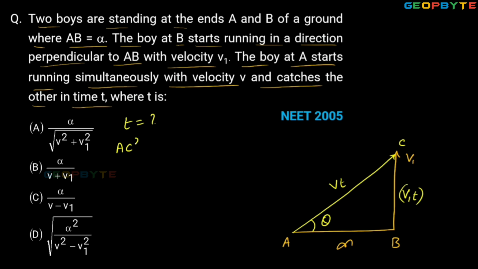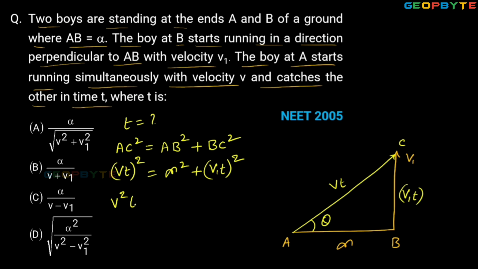Here AC square, the square of the hypotenuse, equals side square plus side square. Here one side square is AB square and another side square is BC square. AC square means (Vt) whole square. AB square means alpha square. BC square means (V1 t) whole square. Now simplify. V square t square equals alpha square plus V1 square t square.